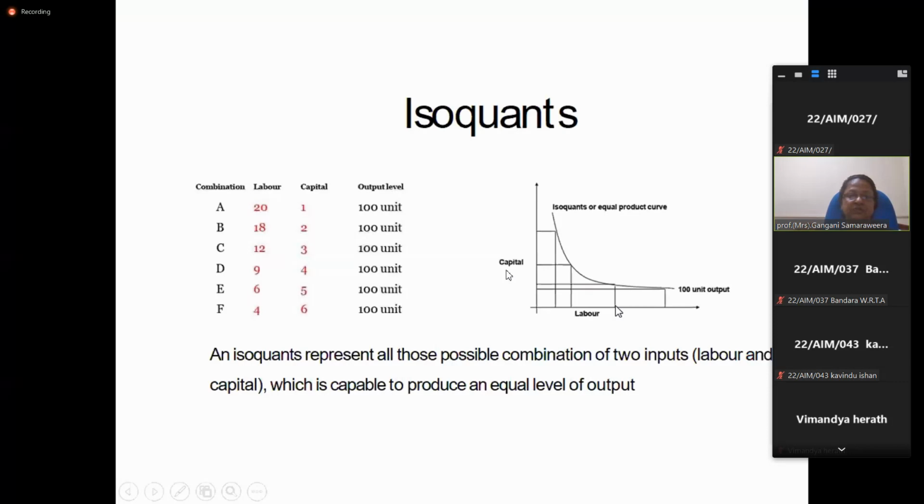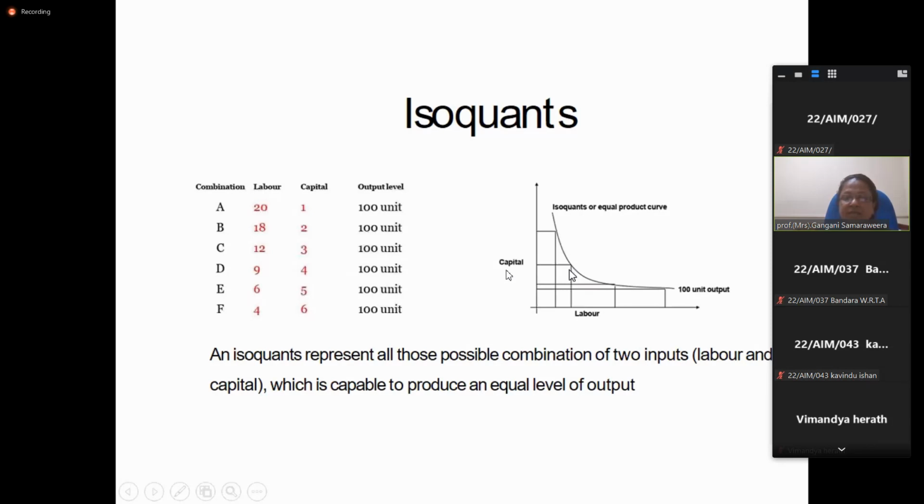See, so here you use 2 inputs, capital and labor. Okay, so isoquant or equal production curve, same level of production if you use this much unit of capital, this much unit of labor, this much unit of labor, this much unit of capital.